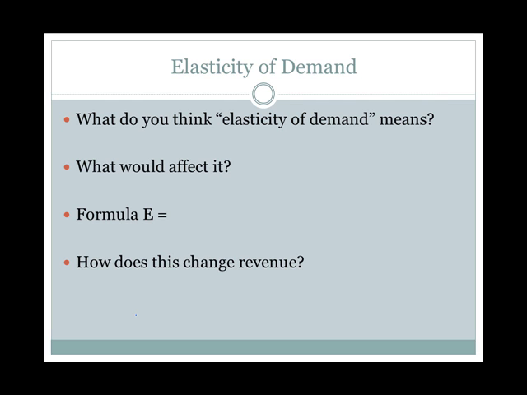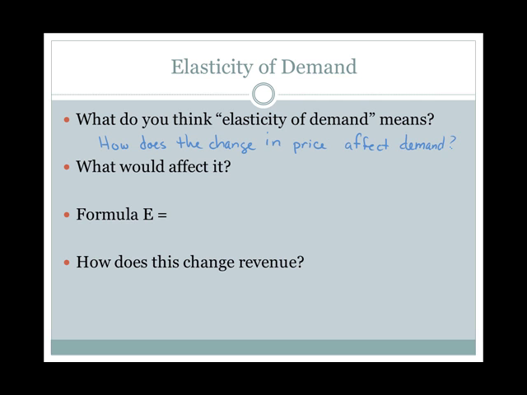This is all based on what's called a relative rate of change, which means in relation to one item, how does another item change? Let's say that elasticity of demand is going to help us define how the change in price affects the demand.